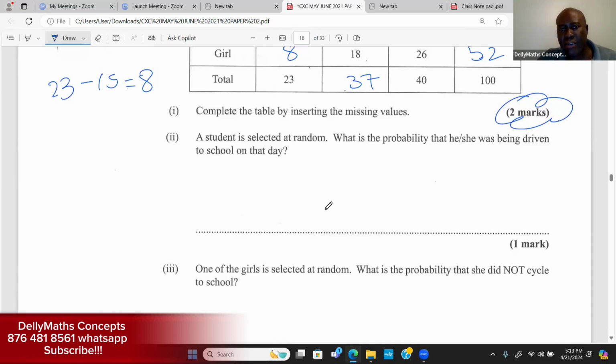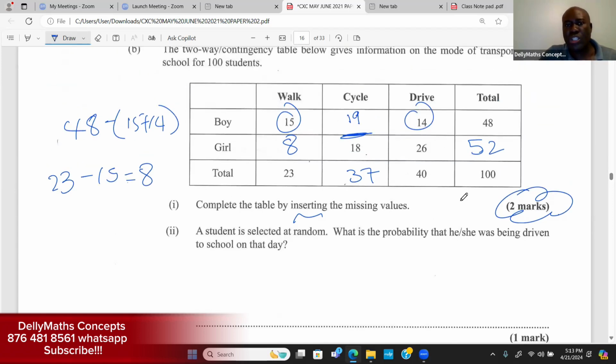A student is selected at random. What is the probability that he or she was driven to school? He said a student, so this is definitely out of 100 already. Out of 100, we want to know the probability that he or she was driven to school. So you want to know the total for those who were driven to school.